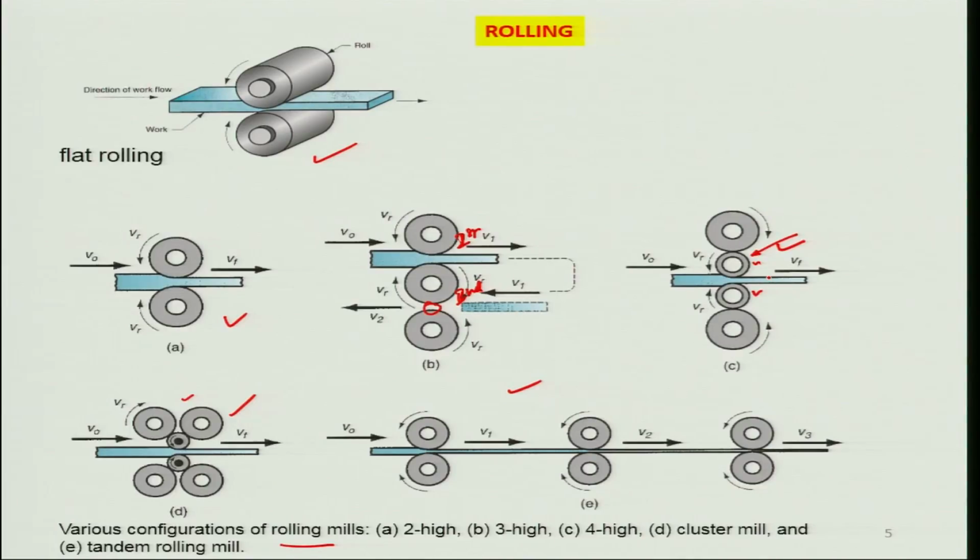You have 2 different configurations for that: one is the 4 high, and another is the cluster mill configuration that you can see. Tandem means that you are having a successive reducing pass as you go between different rolls at a certain feed velocity, so that you can have a thinner section emerge from a thicker section by rolling sequentially between different roll gaps or roll separations.